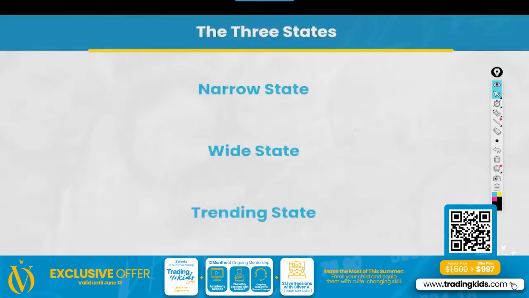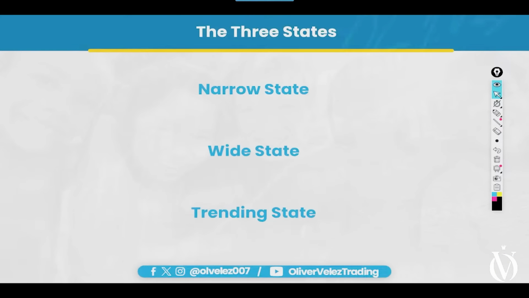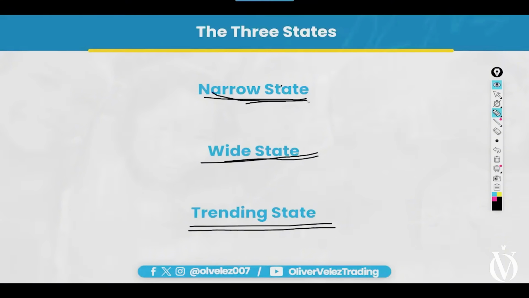Watch this. So the first principle is the fact that the market only has 3 states that it vacillates between. It goes from a narrow state, and then it trends from a narrow state, and then eventually reaches a wide state. Then from a wide state, it trends back to a narrow state.